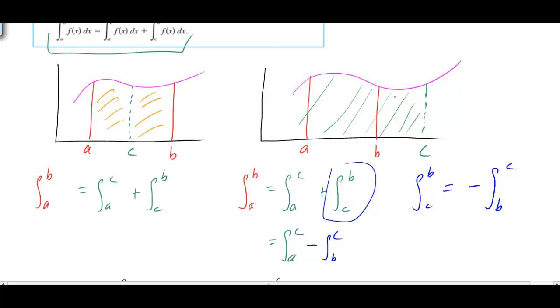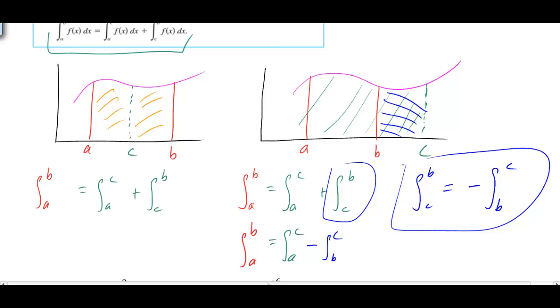So we're going to subtract away this portion, and then obviously we're going to be left with the integral from a to b. And again, all of this is due to the fact that we're switching the order and we're making our integral negative.